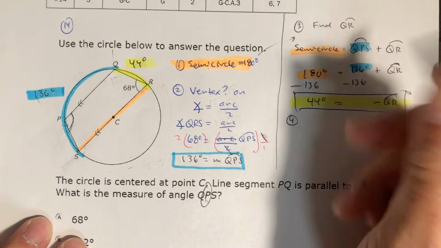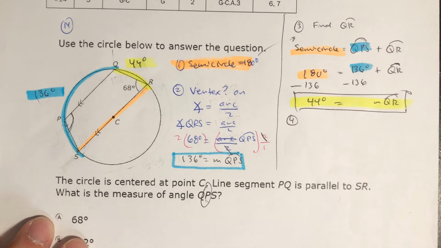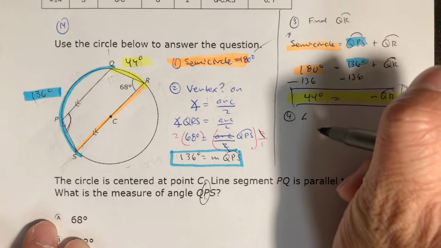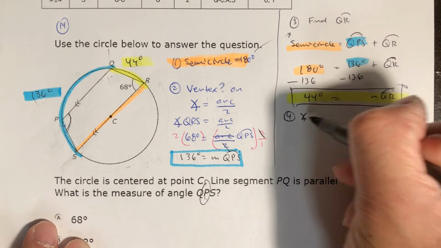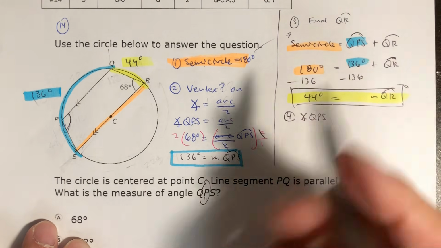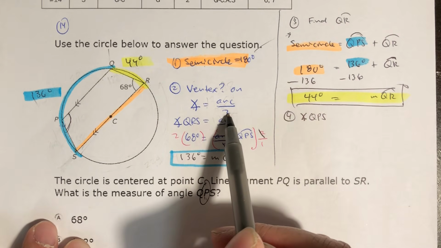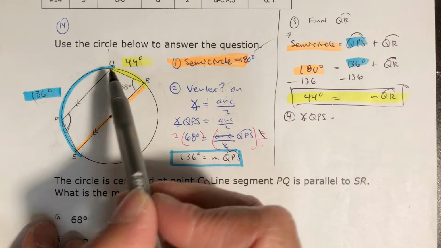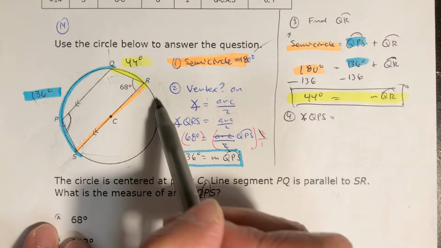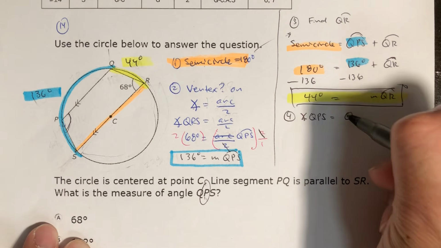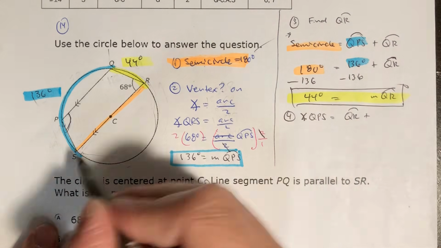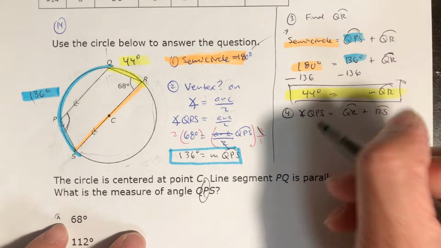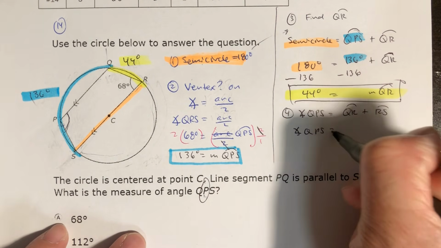So step 4, I want to find angle QPS. The angle is equal to the arc divided by 2. And the arc, this whole arc here, is 44 plus, let me write in letters, QR plus RS. I don't know what that is because I'm trying to find this.